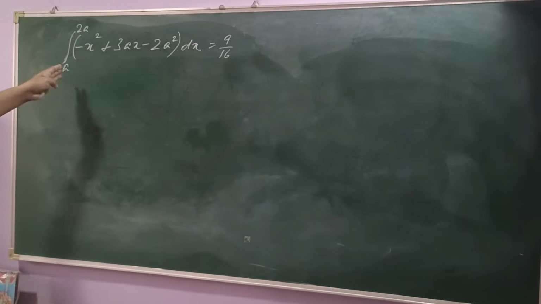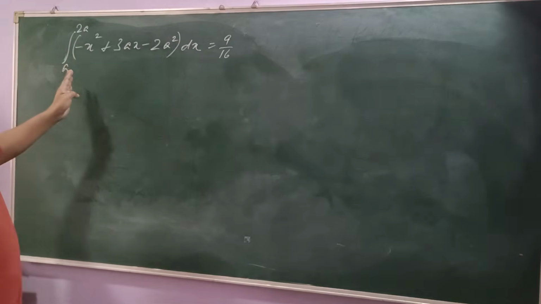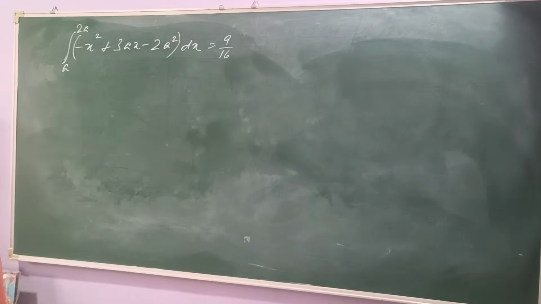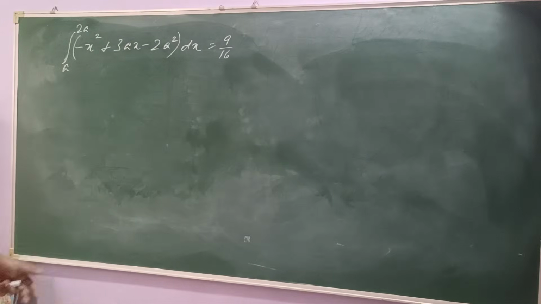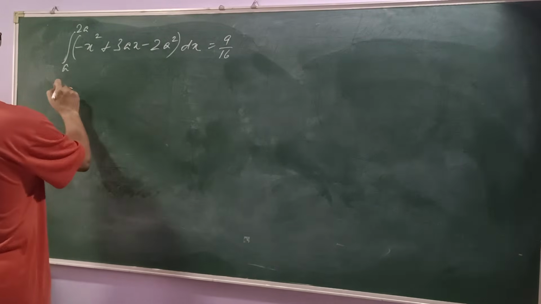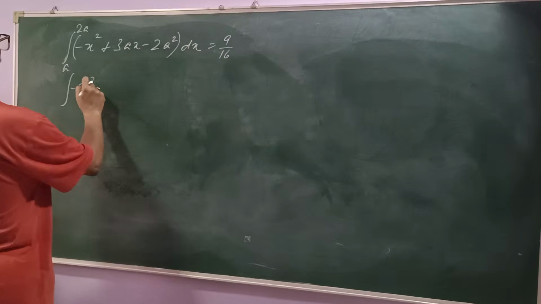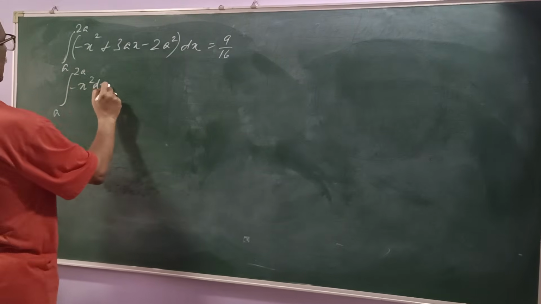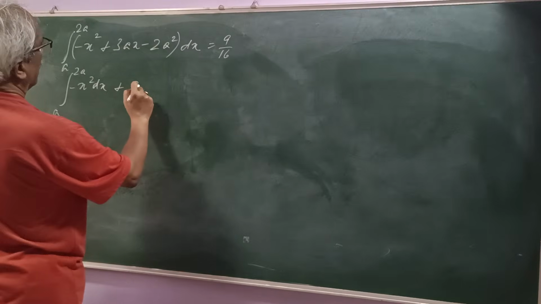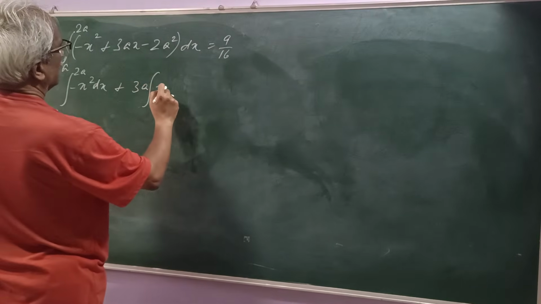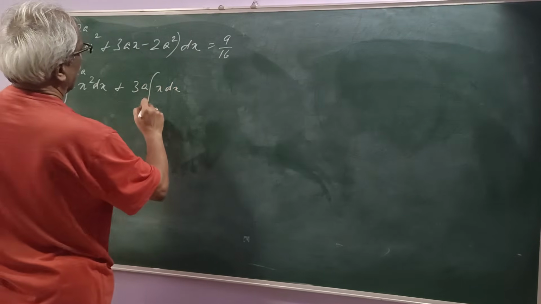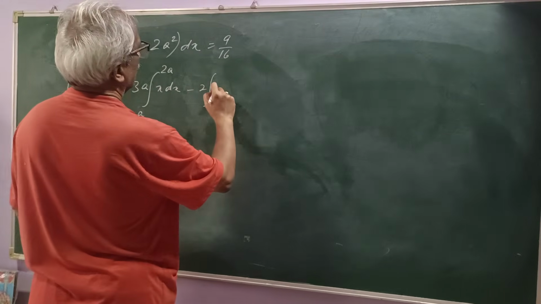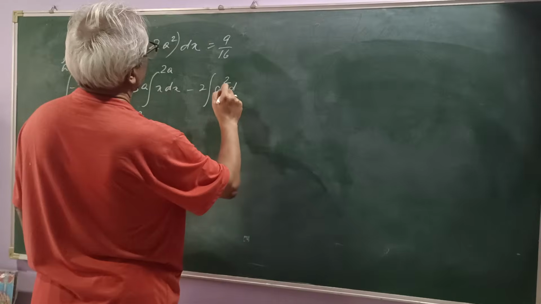So let me integrate. When I integrate, I can break this expression, because integration is distributive. So this will be negative integral of x square dx from a to 2a, plus 3a integral of x dx from a to 2a, minus 2a square integral dx from a to 2a.